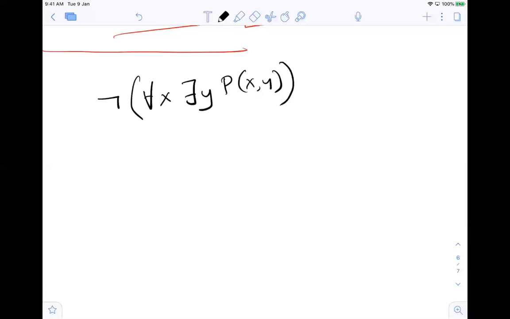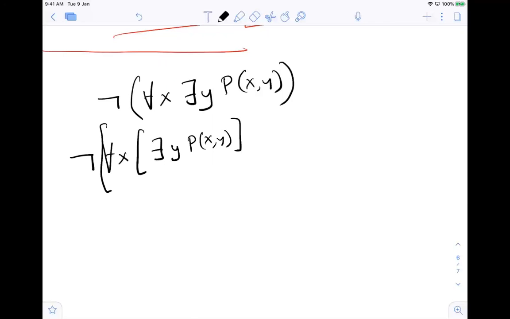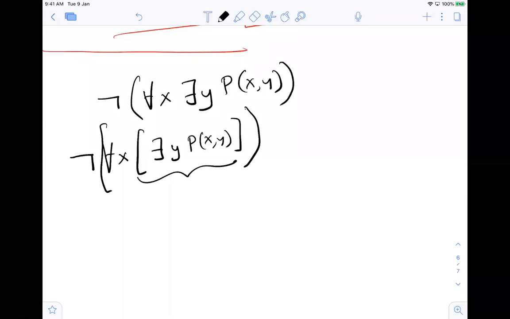The best way of thinking of it is just think of it one by one. This is a for all x, and there's a not of this, and then there exists y, p of x comma y. Right? And in this term, y is defined, so y is no longer a variable. x is the variable, so this is the predicate with x being the variable, and there is a not of for all x.